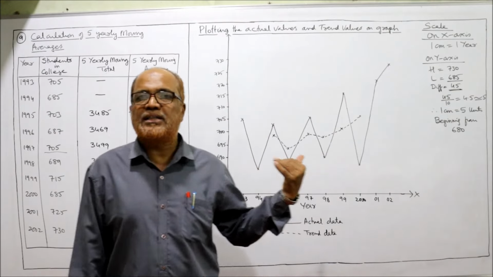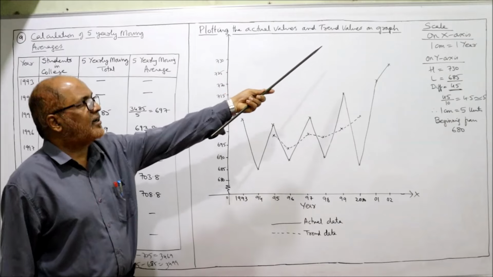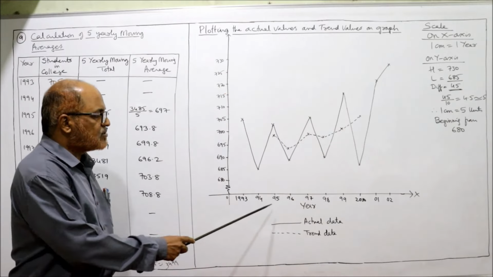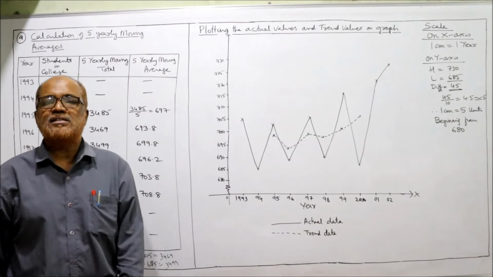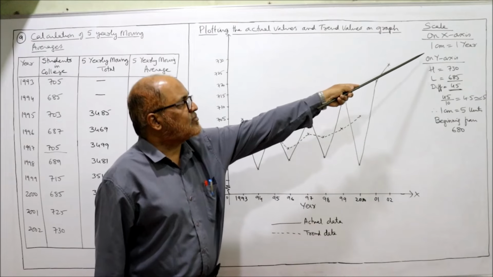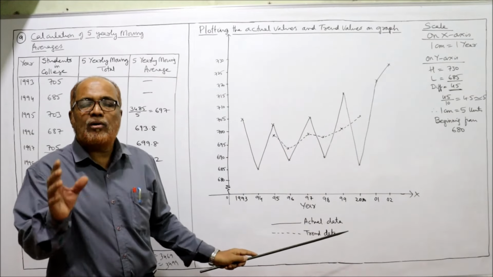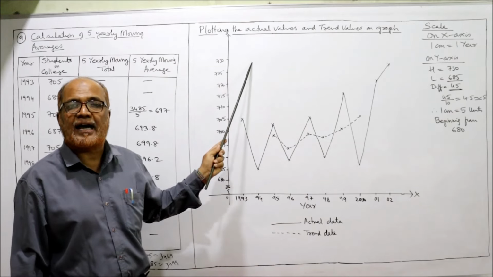Now we have to plot the data on the graph paper: plotting the actual values and trend values on the graph. On the X-axis we have taken the year, 1993 to 2002. 1 centimeter is equal to 1 year. Scale on x-axis: 1 centimeter, 1 year. Now you have to be careful regarding the scale to be taken on y-axis.